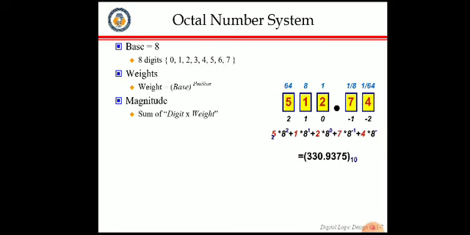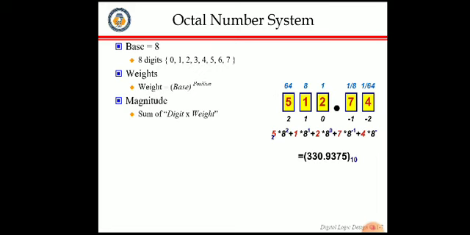You should not read it as five hundred twelve point seventy-four, because it is not a decimal number, it is an octal number. So the positions are 0, 1, 2 in the integer part, and after the decimal point you have fractional positions -1, -2.